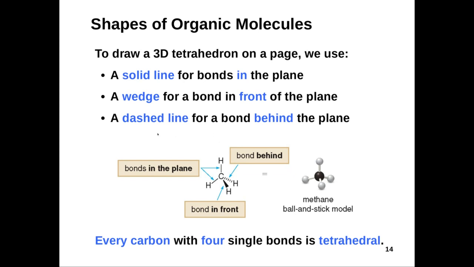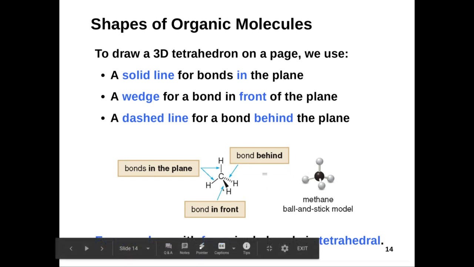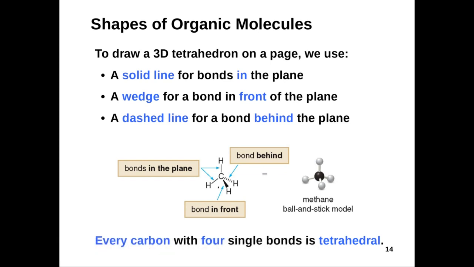And that's in contrast to our dashed line, which basically says that atom is going through the paper out the back. So we can represent 3D drawings without having to try to draw something in 3D, simply by using the bold wedge to come at you, the solid line to be in plane, and then the dashed line to go directly behind the molecule.